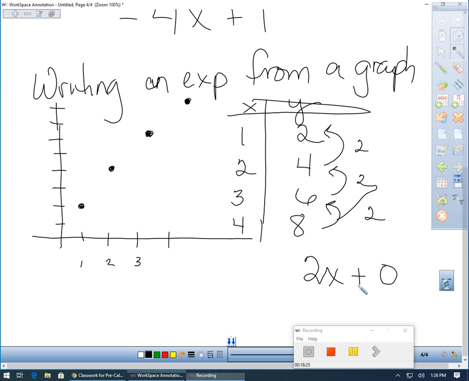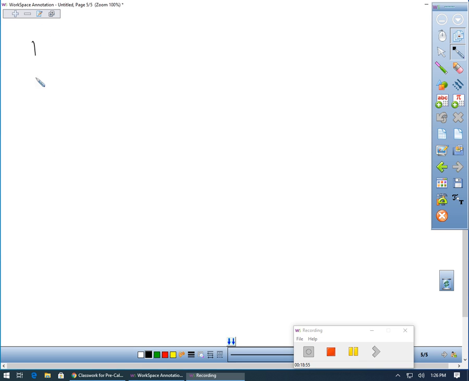So we've done patterns from pictures, we've done patterns from a table, we've done patterns from a graph. Now let's do patterns from numbers.